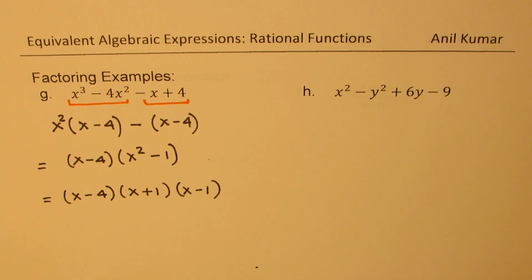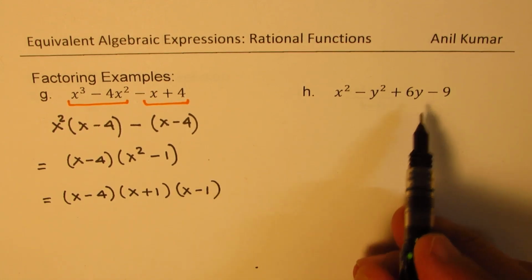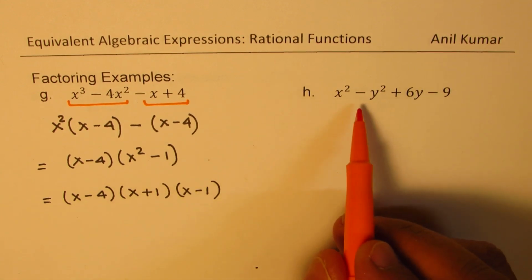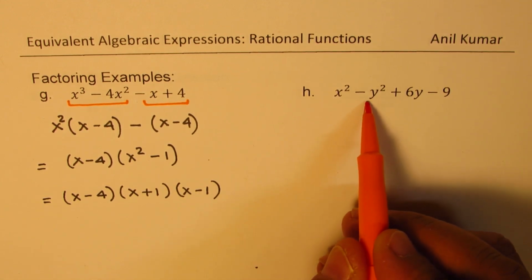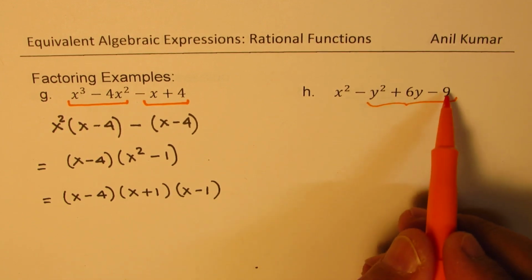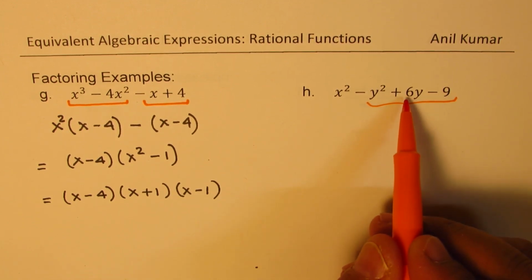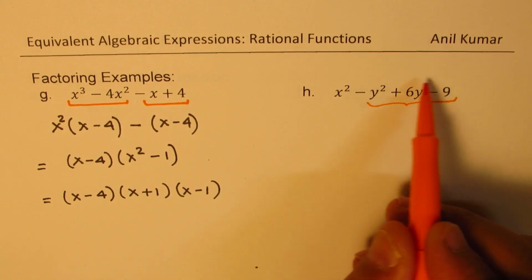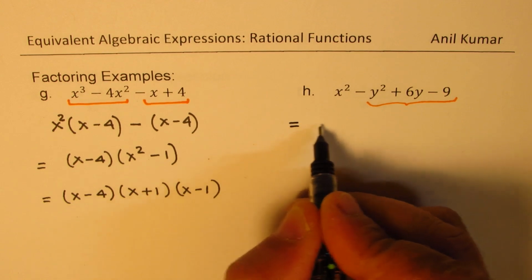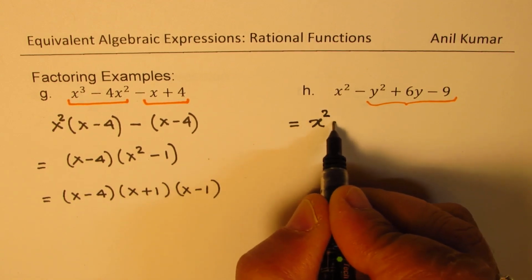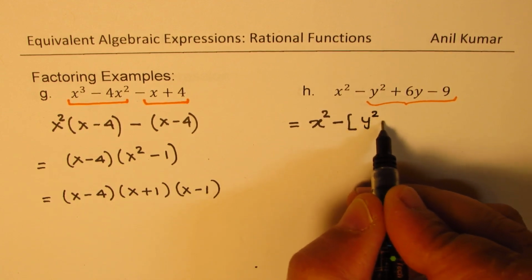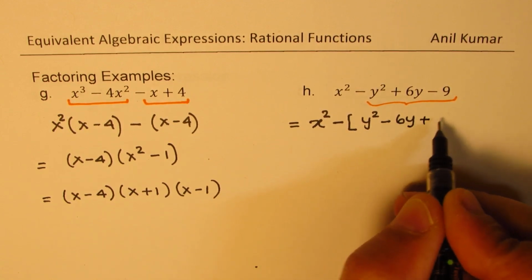The last example here again has four terms. However, the technique of factoring is slightly different. You see, we have these three terms, which form a perfect square. This is 3 squared, 2 times 3 is 6. Perfect. So you could write this as x squared minus, and within a bracket, I'll write these three terms, which is y squared minus 6y plus 9.